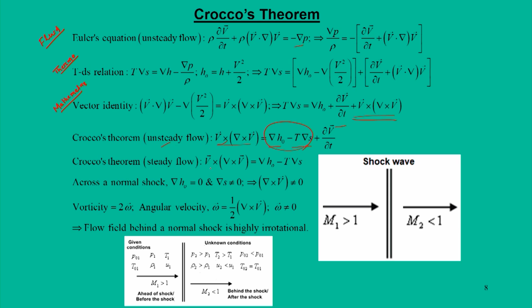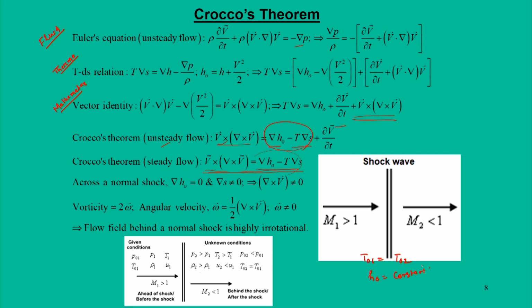So, we rewrite this equation as follows: on one side we have the cross product term, the fluid mechanics term, and on the other side we have the thermodynamic parameters. Now, we have already said that across a normal shock T naught 1 is equal to T naught 2, which means H naught is constant.